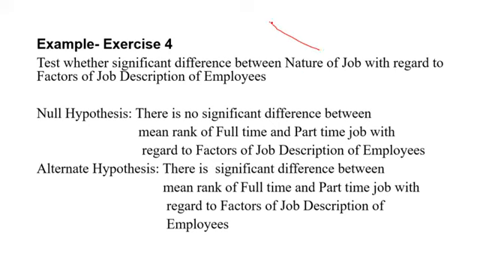Here you have got two different groups: those employees who are working full time, that is one group, and those employees who are working part time, that is another group. Two different samples we have got here. Among these two samples you are checking whether they are different on the factor of job description of employees. Here we have got different factors, but let's consider this as one particular variable. And you are seeing the difference between these two groups in this particular job description of employees.